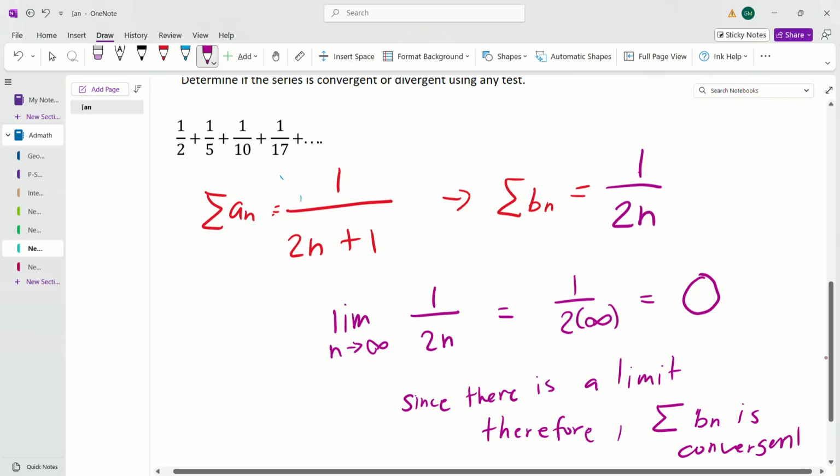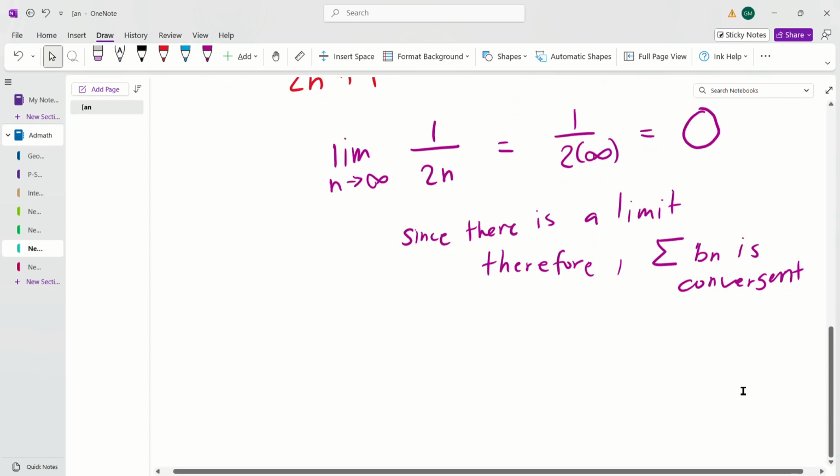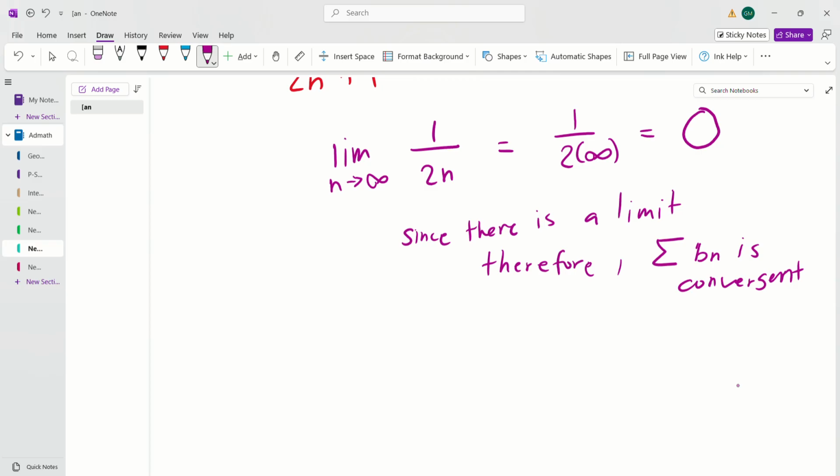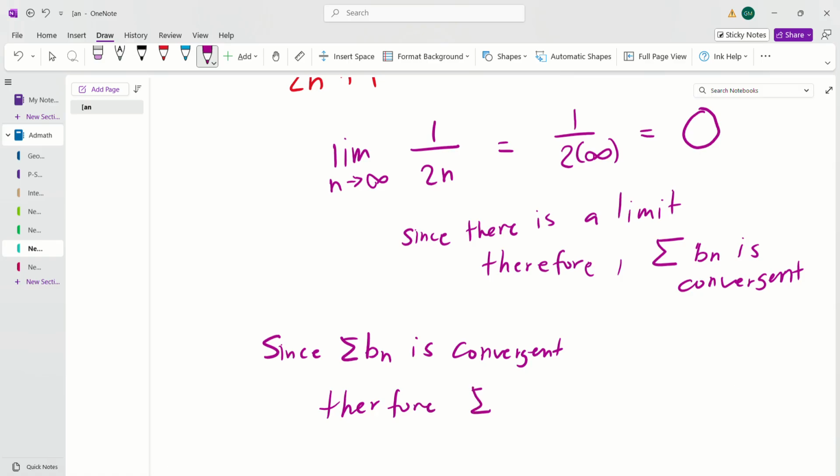Okay, it is convergent. And since the summation of b sub n is convergent, therefore the summation of a sub n is convergent.